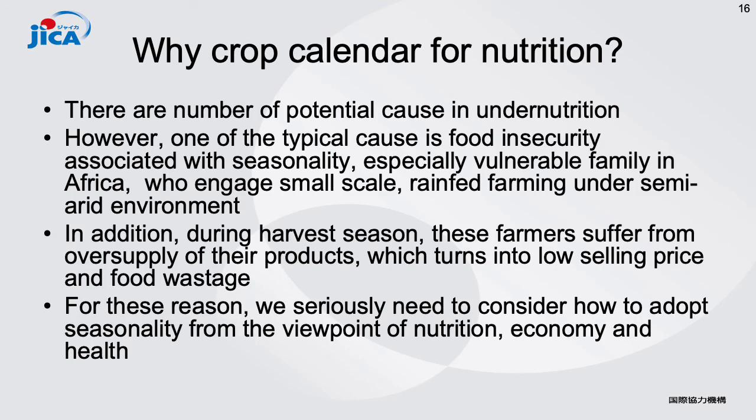As we have discussed earlier, there are a number of potential causes of undernutrition. However, one of the typical causes is, of course, food insecurity. This food insecurity is more serious for the rural small-scale farmer who relies on rain-fed farming under semi-arid environment.